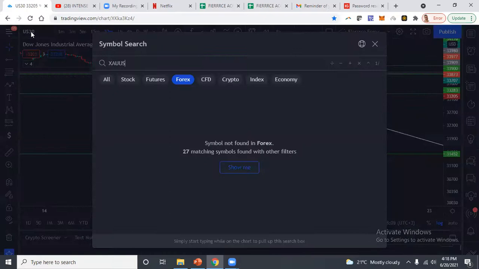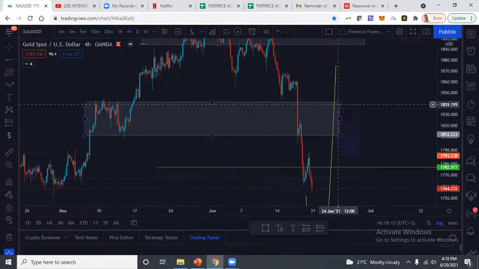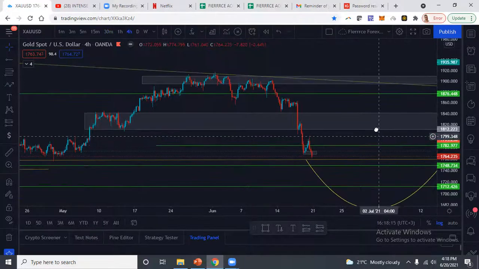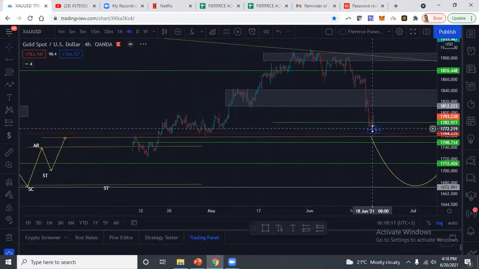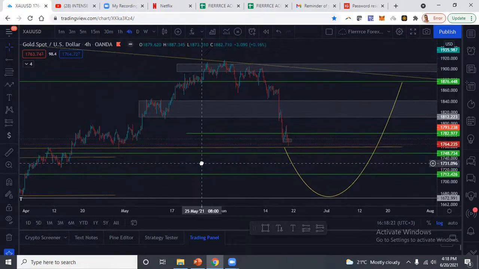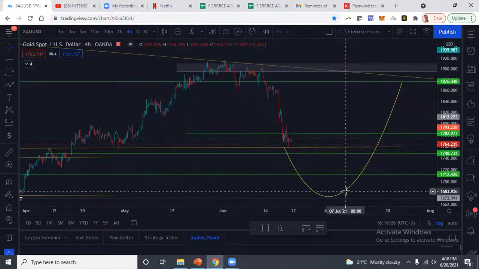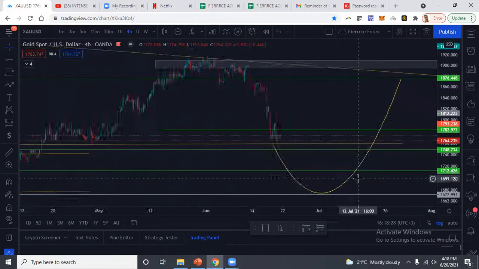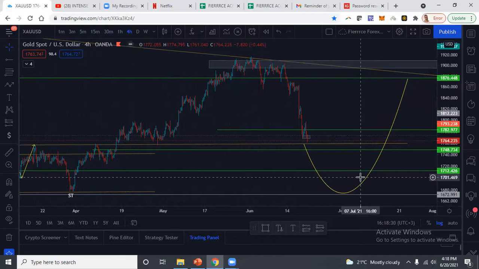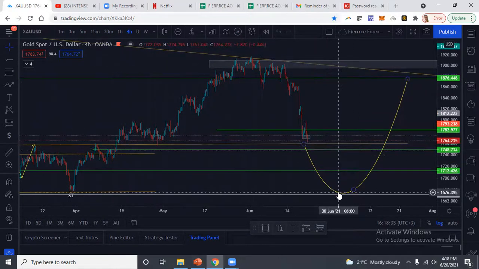Let me just look at gold again. I wanted to look at gold on the 4-hour just to confirm something. So if gold breaks structure, we're definitely headed down.